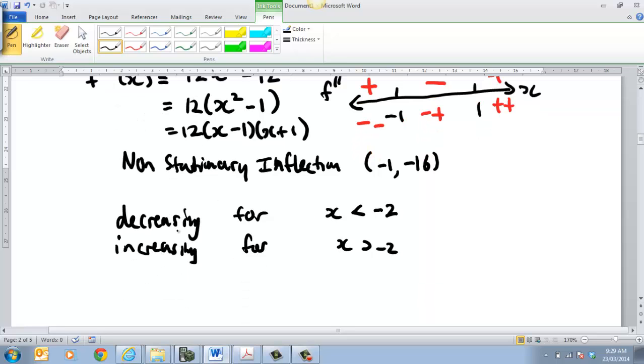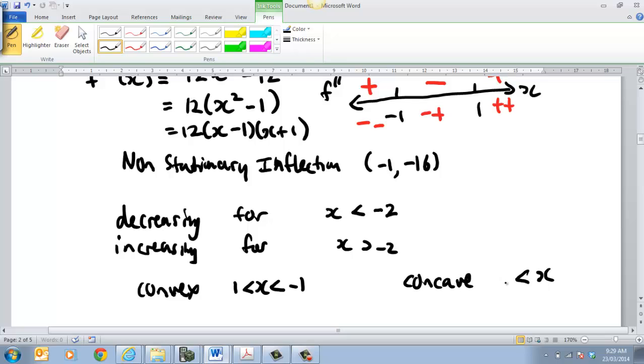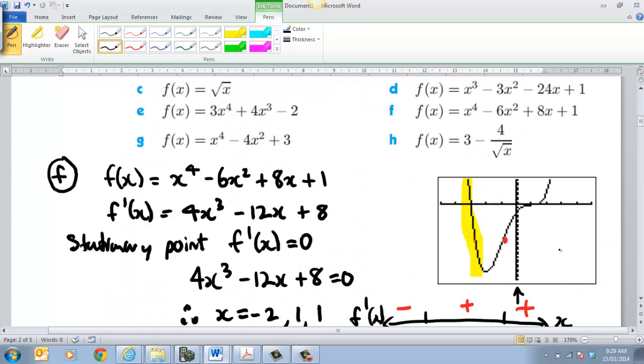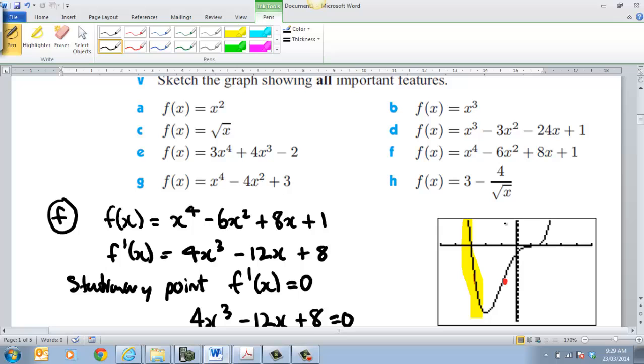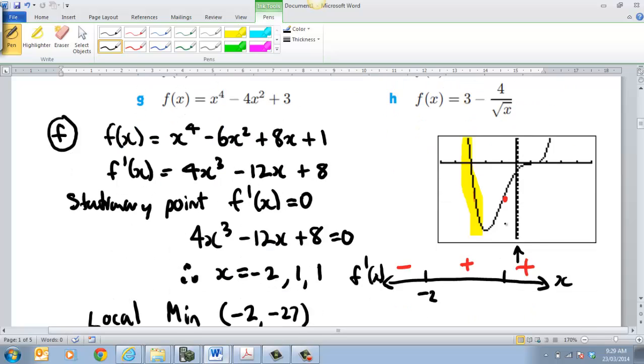So we would say it's convex for X less than negative 1 and X greater than 1, and it's concave for X greater than negative 1 and less than 1. The last thing that you need to do is be able to graph that function showing all these key important bits.